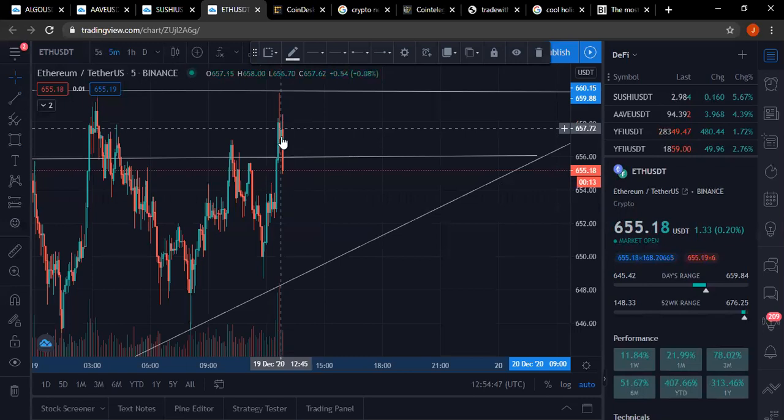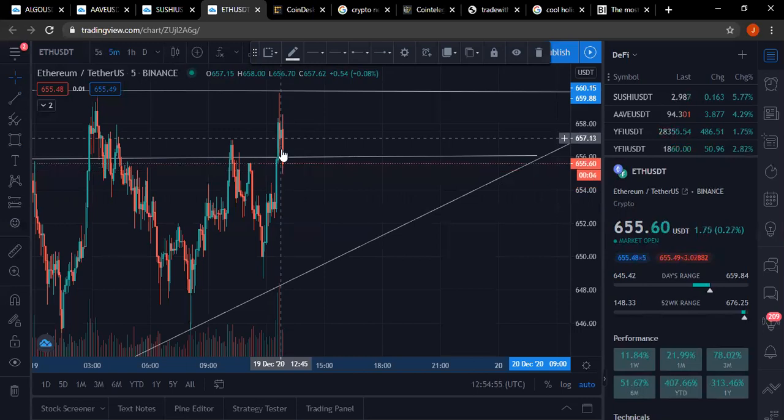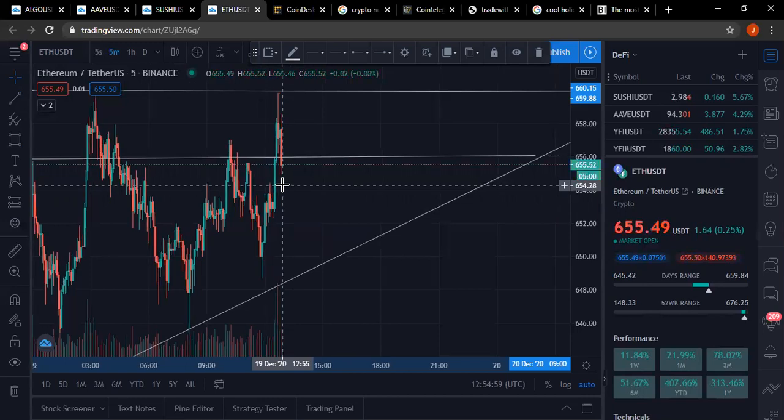My explanation on that will come later. So when I say something like this, I'll be expecting to short the market to this first point. And if it broke this resistance, then I'll be expecting one pullback.